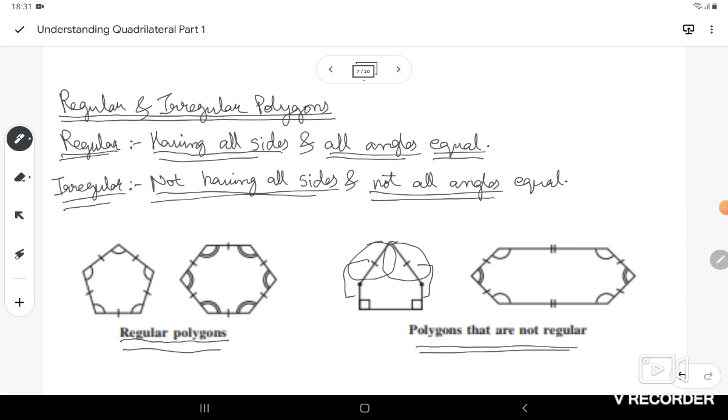So it's a case of irregular polygon. Similarly, in the second figure of the irregular polygon, the adjacent sides are not equal. In some case it's equal but some case it's not equal, whereas all the sides and all angles should be equal, then only it's the case of regular polygon.